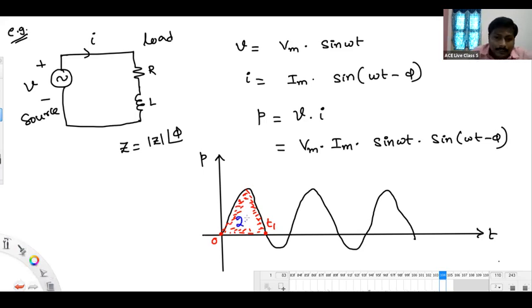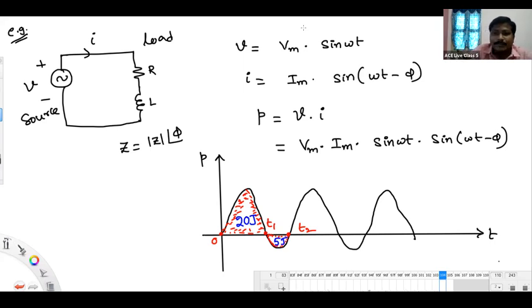Let's say 20 joules is the energy of that area. And again, from T1 to T2, what is the area under this curve? Again energy. This energy I am calling 5 joules.